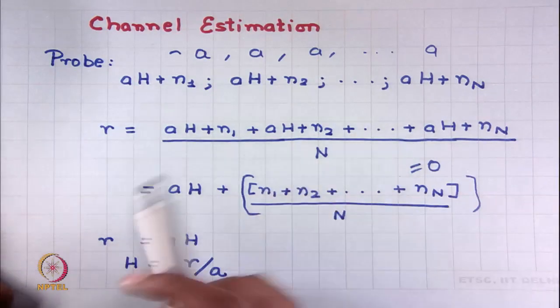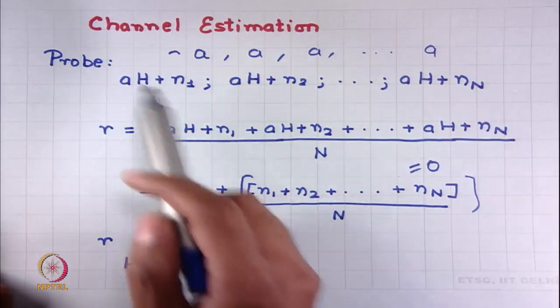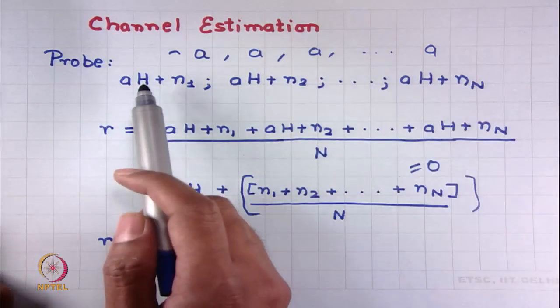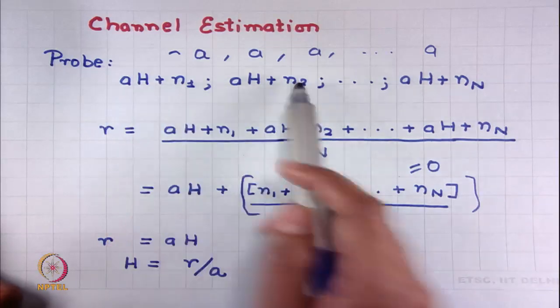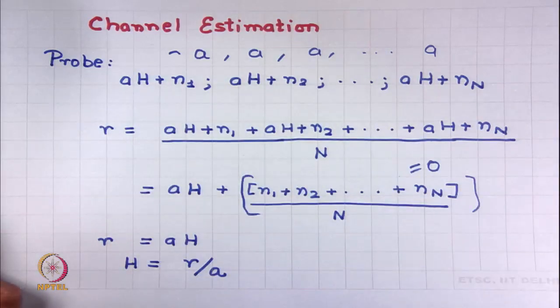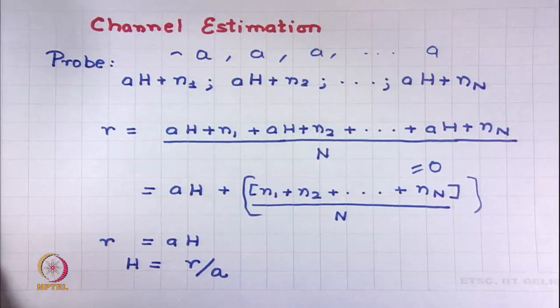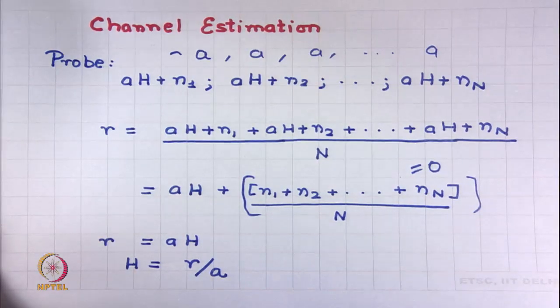Of course, this problem is really simple and trivial because what we have assumed is that this h remains constant across symbols. That means the channel does not vary across symbols, and in reality this will not be the case, and thus this problem is a little bit more complicated than what we have presented.